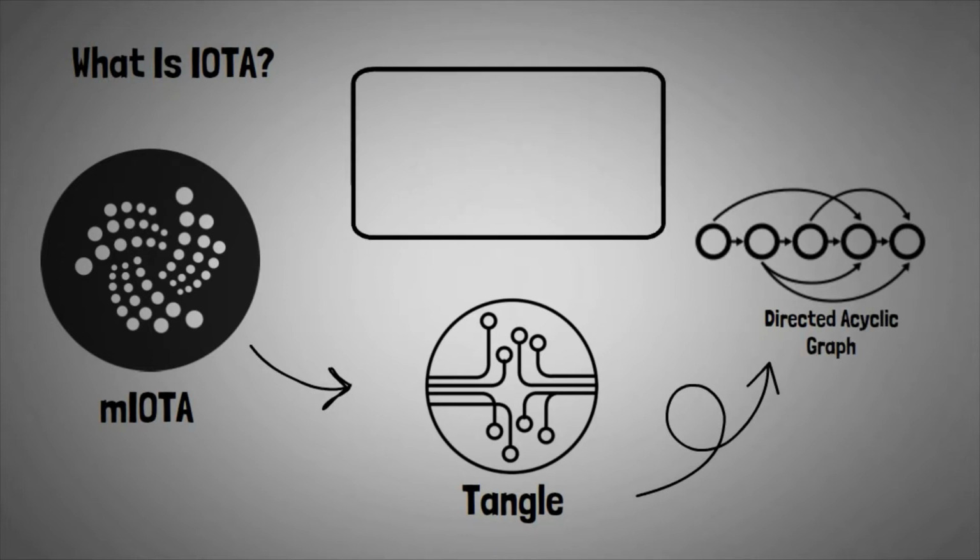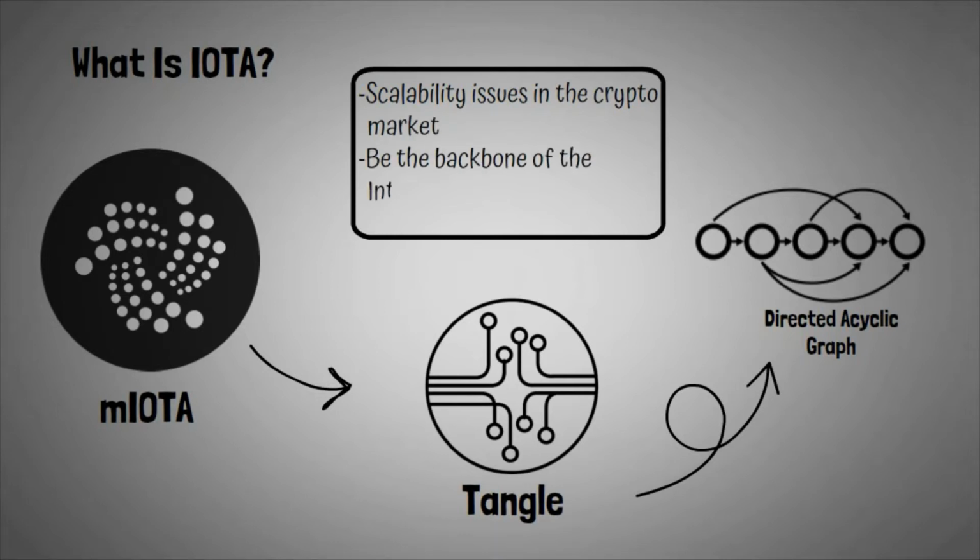IOTA's purpose is to solve the scalability issues in the crypto market and be the backbone of the Internet of Things. The problem with improved scalability can lead to increased transaction fees. Thus, IOTA introduced fee-less transactions, keeping the concept of decentralization in its rawest form.